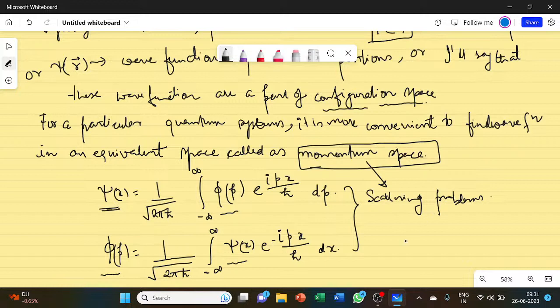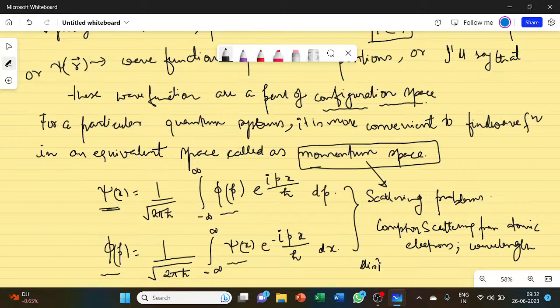Or for example, Compton scattering, Compton scattering from atomic electrons. Here you know that the data that we derive from the experimental condition is the wavelength distribution. We get the wavelength distribution of scattered radiation.